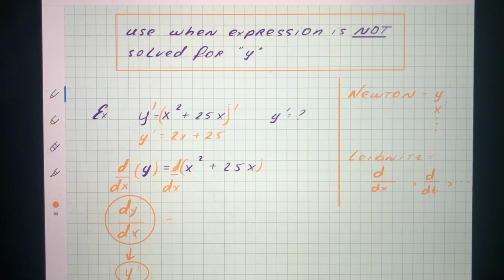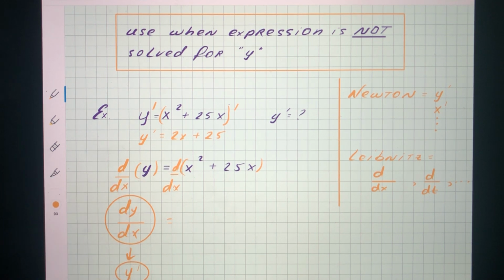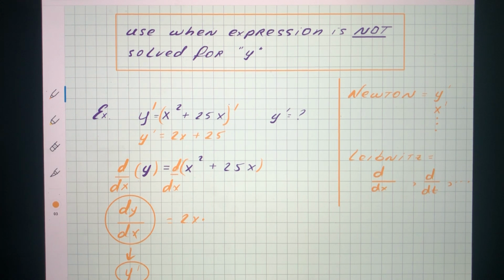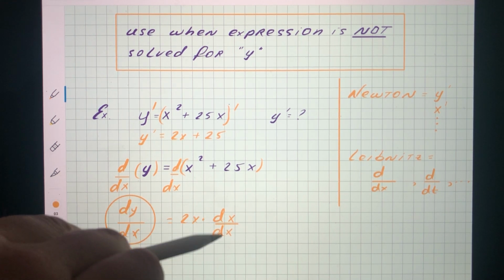Now on the right side we have the derivative of x squared. Now what is the derivative of x squared? That's a power rule, and the power rule says the derivative of x squared is 2x times, by chain rule, the derivative of the inside function. The inside function is just x. So applying the differential operator to the x with respect to x, well, dx over dx is 1 because it's the same exact expression, top and bottom.